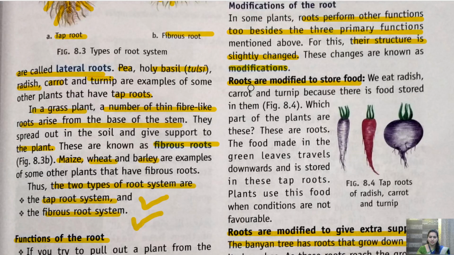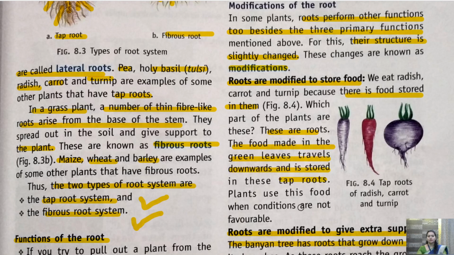Let's read this. Roots are modified to store food. So we eat radish, carrot and turnip because there is food stored in them. Which part of the plant are these? These are roots. The food made in the green leaves travels downwards and is stored in the taproot.